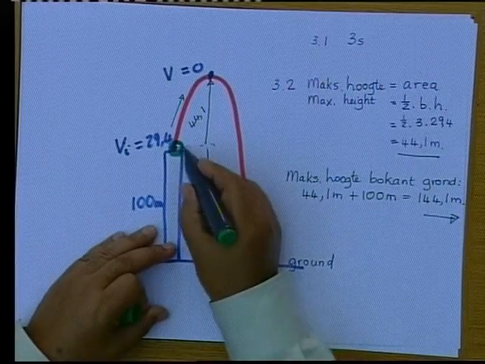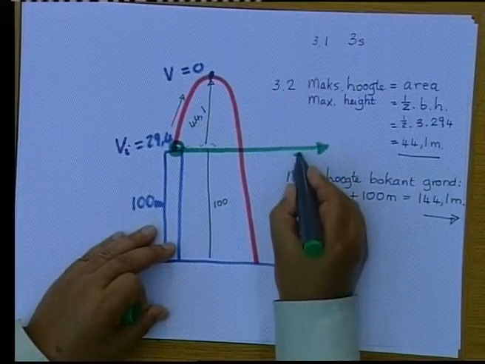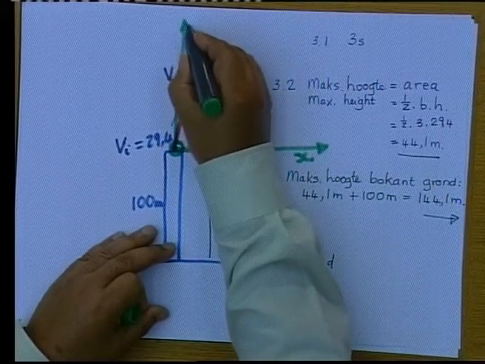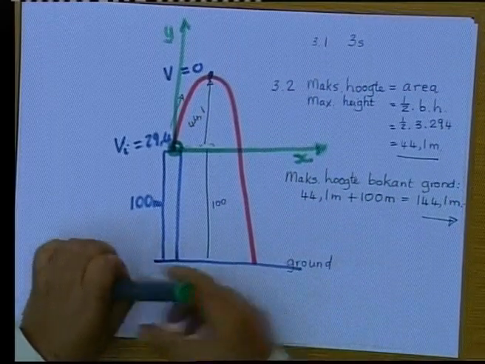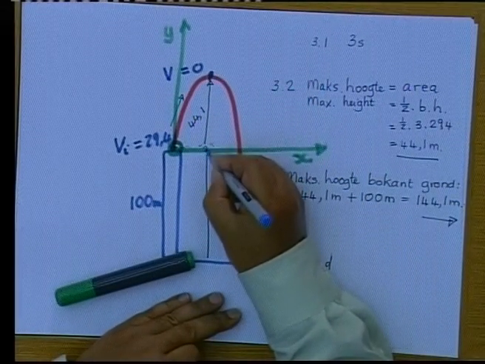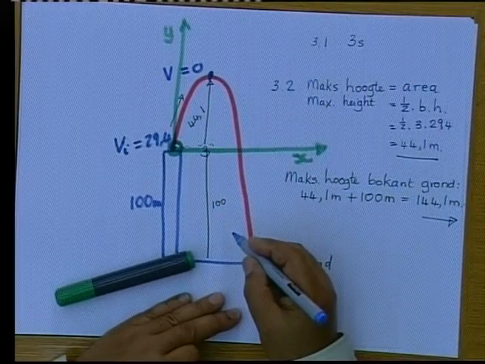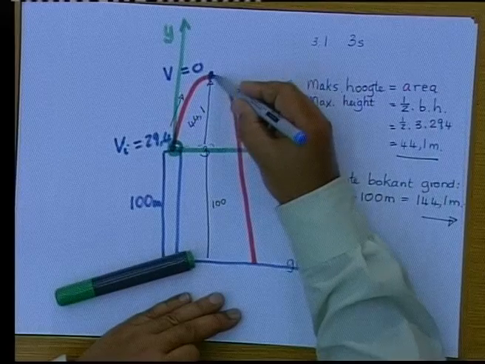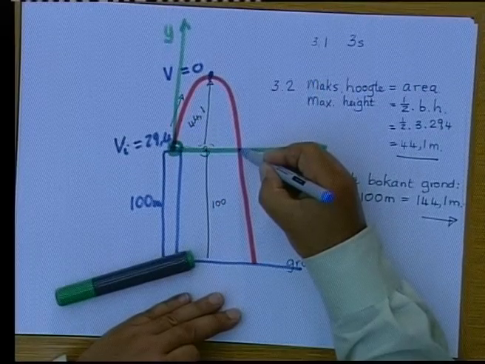Which means, if that is 0, and my x-axis is going in this direction, and my y-axis in that direction, and on top of it, if it was 3 seconds up till here, I know from my physics classroom that if it takes 3 seconds to get to the maximum height, it will also take 3 seconds to get back to the same position as where it started from.